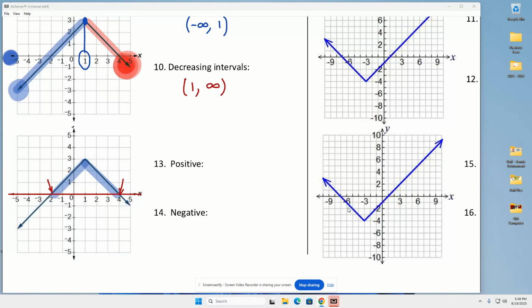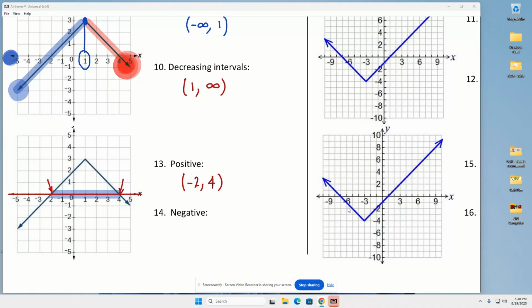This is the whole region right here where it is positive, okay? From -2 to +4. That is the interval where this thing is above the x-axis, okay?